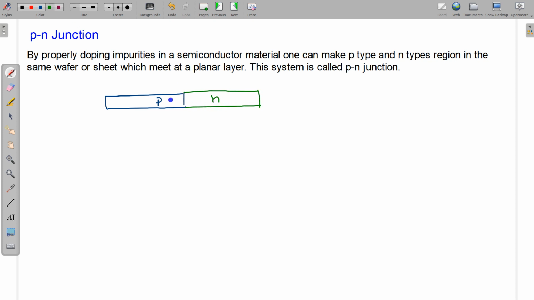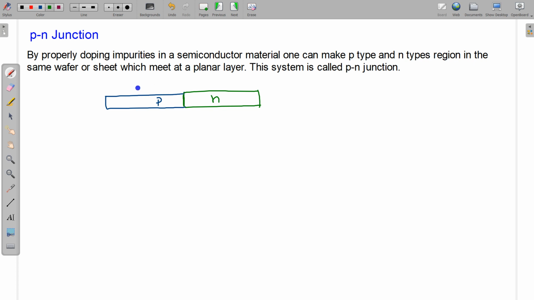If we just combine a p-type material and n-type material, then it won't serve our purpose, it won't be a p-n junction, because there will be no interaction between these two portions. There is no atomic interaction, there is no flow of electrons between these two. These two will behave like separate or independent entities.